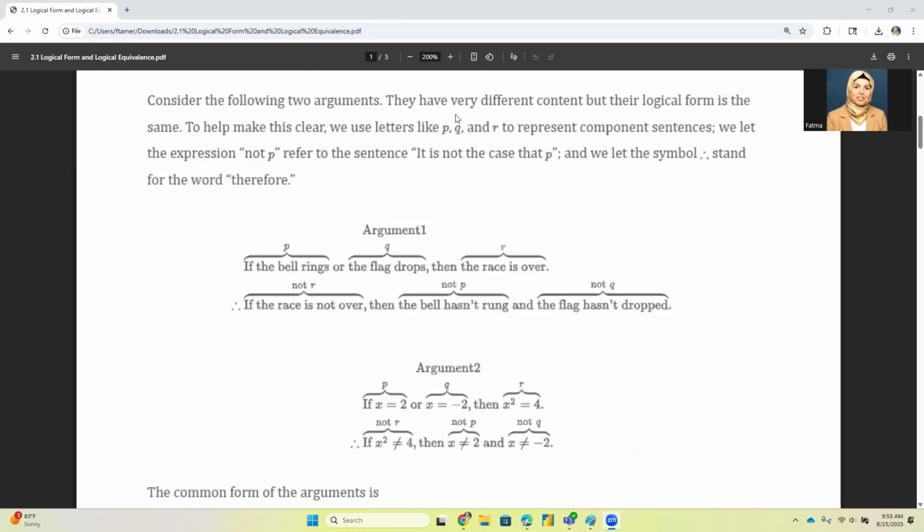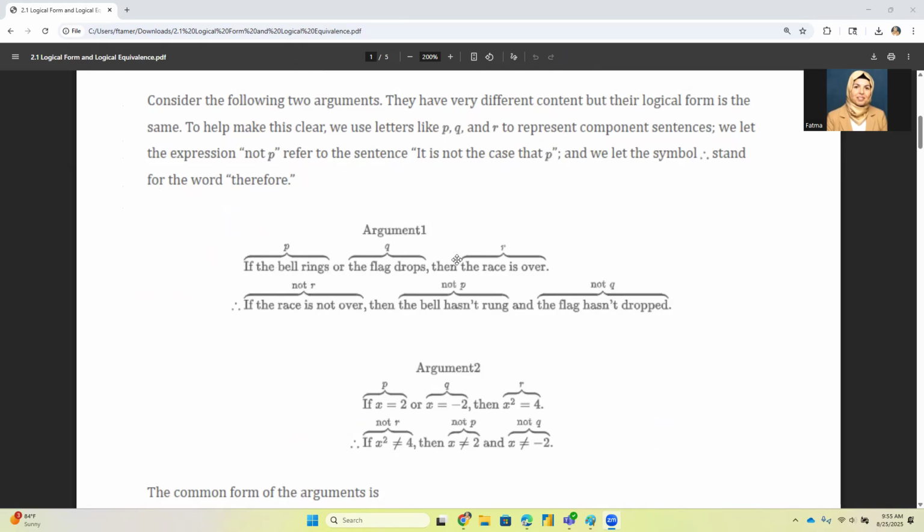Okay, so these two arguments have different content, but their logical form is the same. We're using letters like P, Q, R to represent the component sentences. And we let the expression not P refer to the sentence, it is not the case that P. This symbol stands for that sentence.